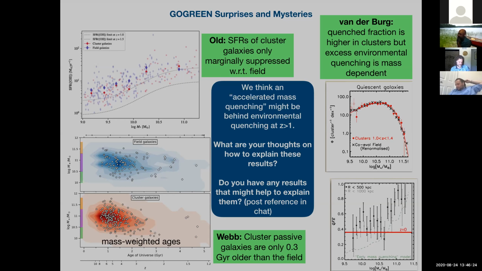I would say it's hard to say, because all I can say is that they are more disky compared to the rest of the population, just judging from the axis ratio distribution. But I have also looked into the Sérsic index and the sigma ones and all the other structural parameter indicators.